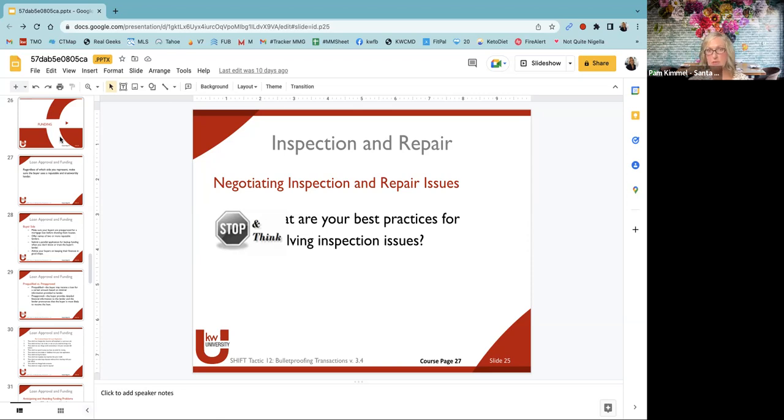If you're going back with a request for repairs to the seller's agent, you'll want estimates from other vendors to support your request. I wouldn't put in a request for $30,000 of repairs without a roof estimate or an electrical estimate or any other estimate to go along with the repairs I'm requesting.